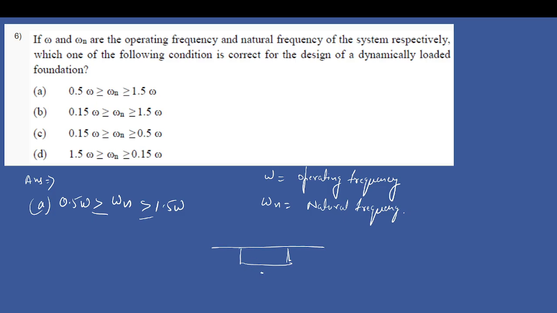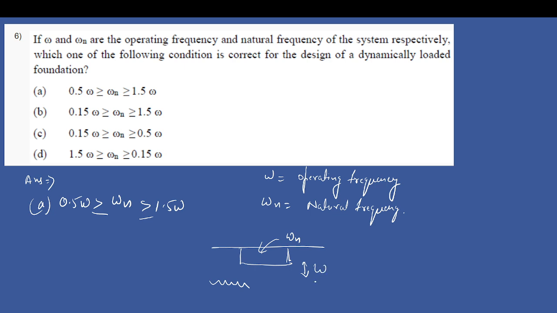Whenever it's subjected to, let's say, some dynamic load in the vertical direction, it will vibrate with a certain frequency. First, this system will have its own frequency, the intrinsic dynamic property of this footing, and you will call that frequency omega n. Then when you apply a dynamic load to this footing, due to the action of this external load, this footing will vibrate with a frequency of omega.